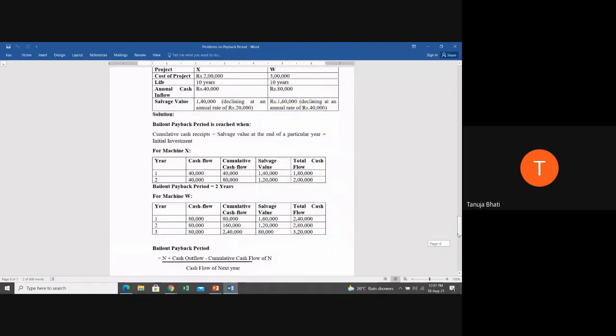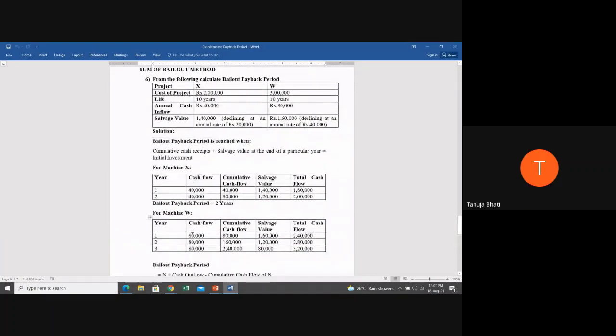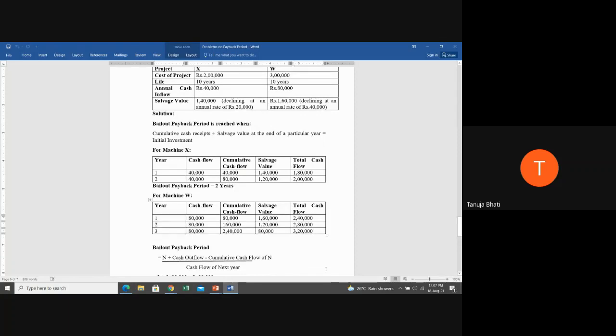Now, again, I'm going to ask you all a question. Here it is 10 years. Why didn't I solve it for 10 years and why did I stop my solution at 3 years? Can anyone tell me why I stopped my solution in the third year?